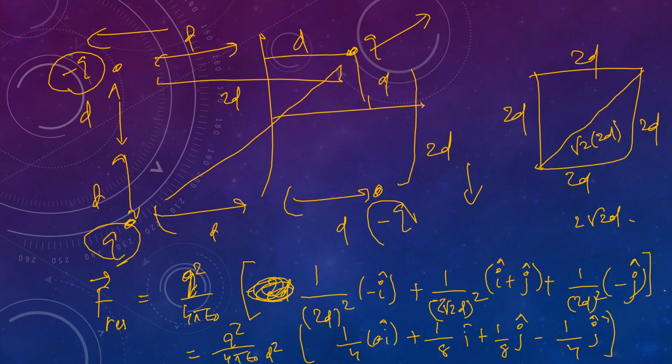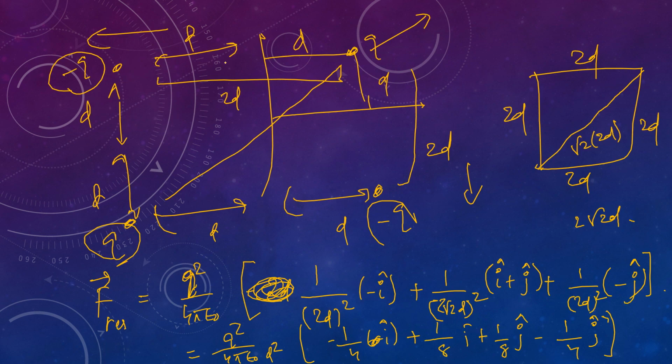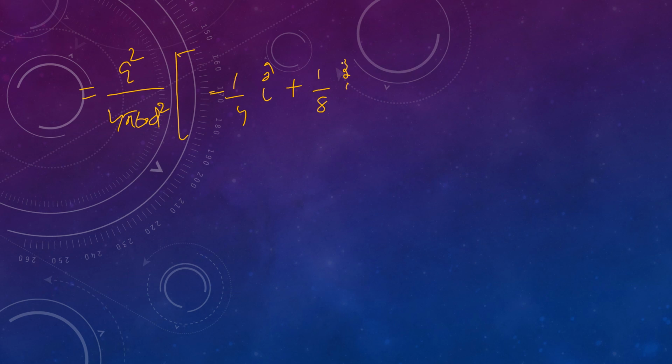If I do this simplification, q square by 4 pi epsilon naught d square, minus 1 by 4 i cap plus 1 by 8 i cap plus 1 by 8 j cap minus 1 by 4 j cap.